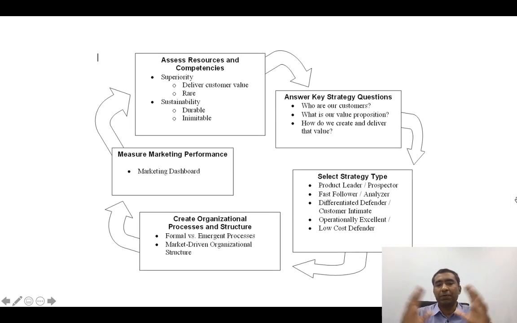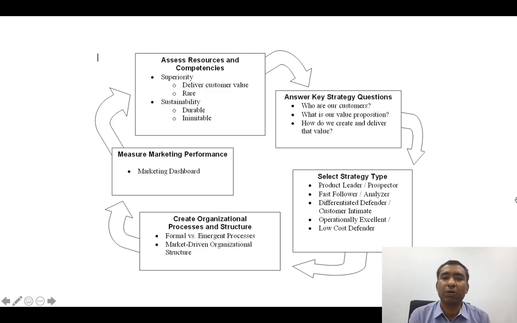So if you conclude, this is what I taught you in this lecture. First we have to assess the existing resources and competencies. Resources are tangible or intangible. Competencies mean how superior your competencies are and how durable or sustainable they are.